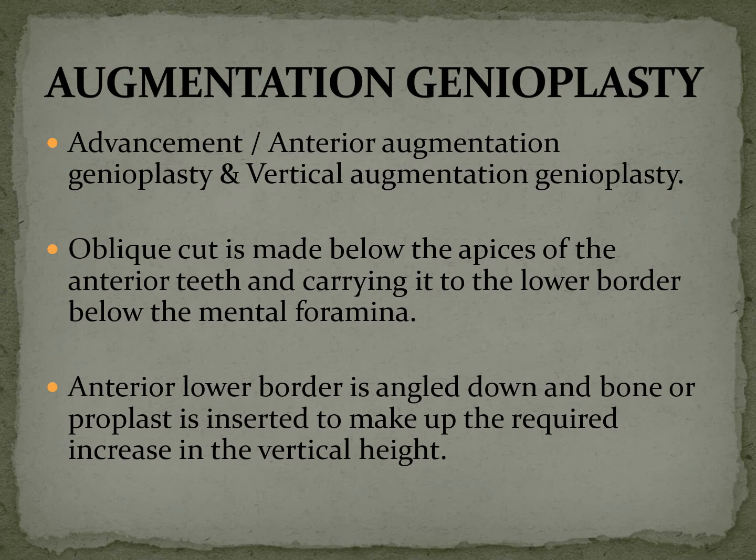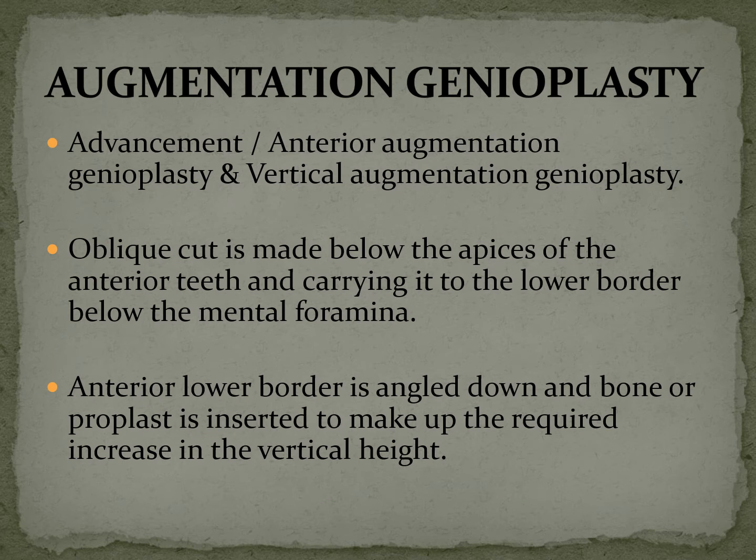Next one is the augmentation procedure. That's called advancement. Horizontal, also like sliding or double sliding procedures. An oblique cut is made below the apices of the anterior teeth and carried downward below the mental foramina.